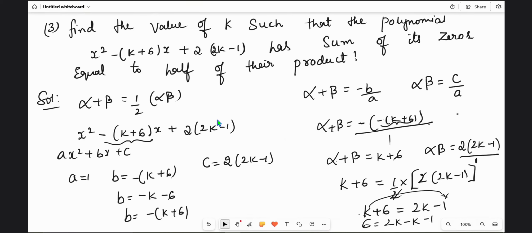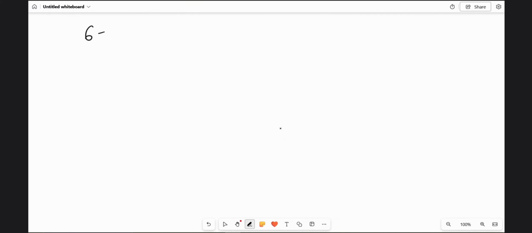Correct? Now simplify. 2k minus k is k, minus 1. Minus 1 you shift to the other side, it will become plus 1. So k is equal to 7. Okay, k is equal to 7.